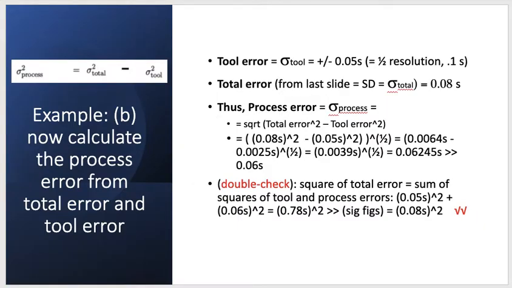Once you have that total error, you can then calculate the process error from it, and I won't walk you through this detailed example also. I will only suggest that when you do it, double check. You can set up columns in spreadsheets to do this, but always check to make sure that it makes some sense.